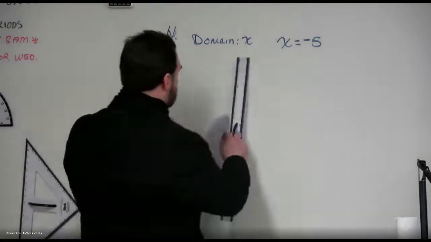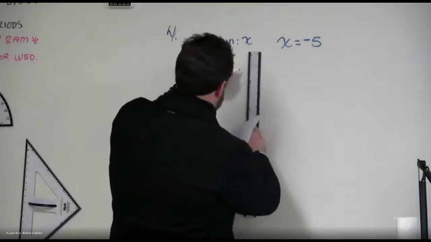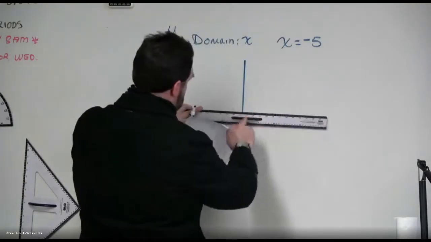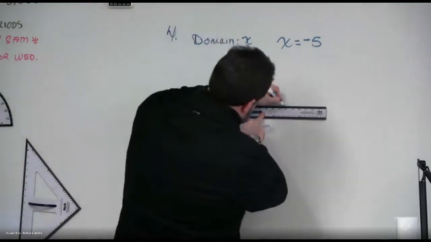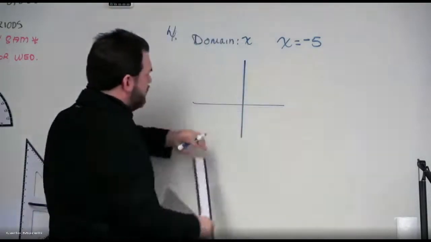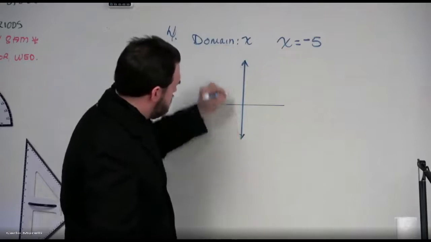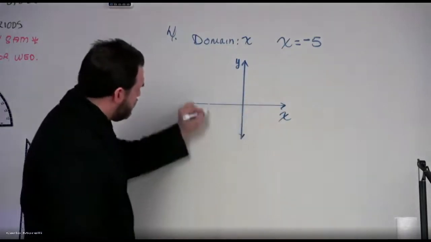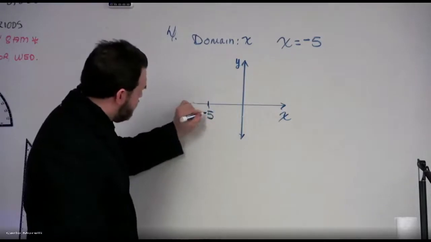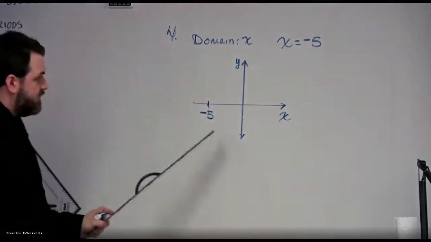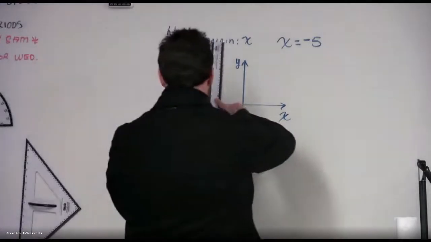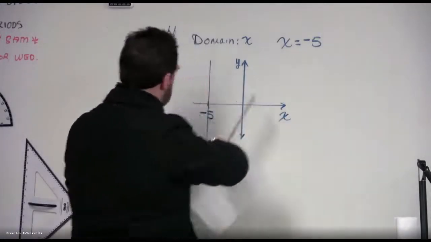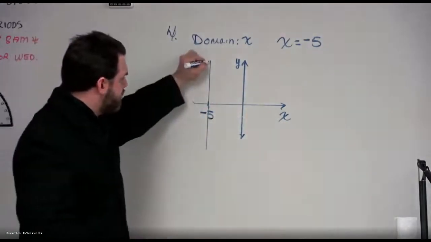So the picture is very illustrative. Okay, so let's draw the picture. You've got your XY coordinate plane right here. And then you've got this negative 5 over here. X equals negative 5 is a perfectly vertical line running parallel to the y-axis.